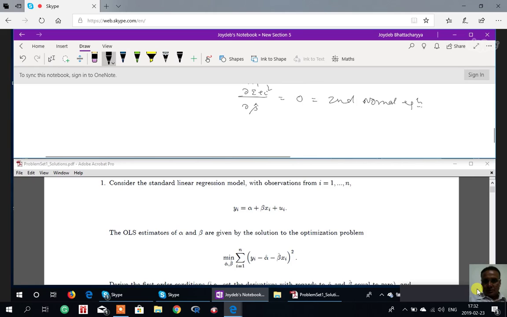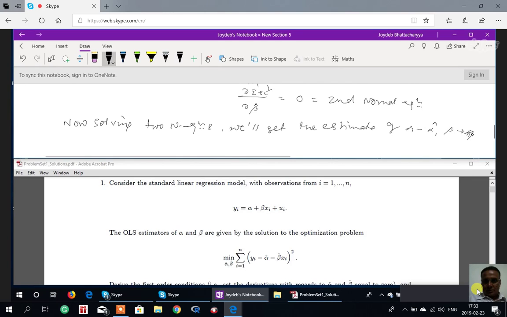Now solving those two normal equations, we will get the estimate of alpha as alpha hat and beta as beta hat.